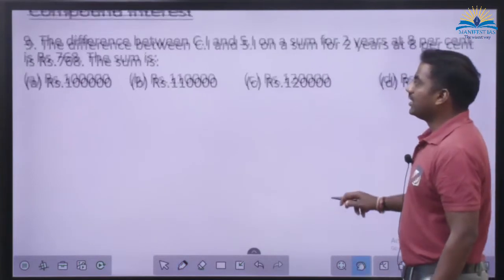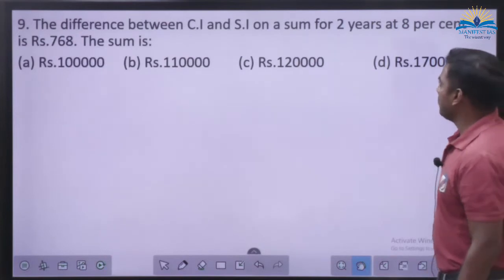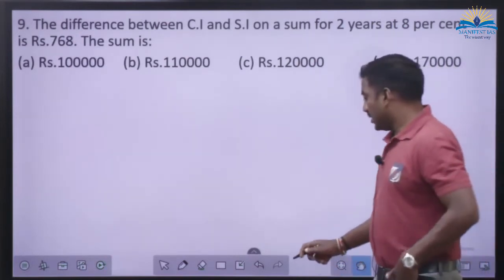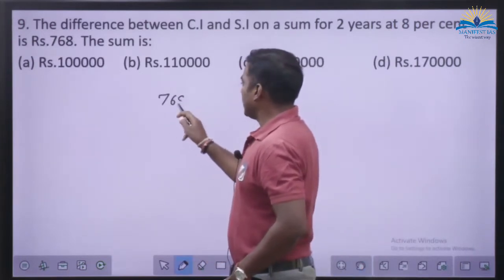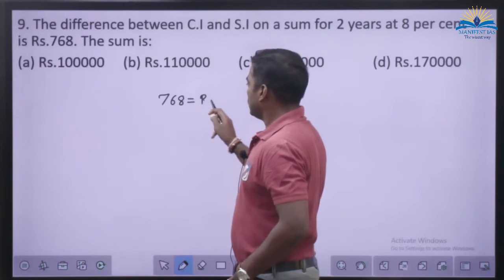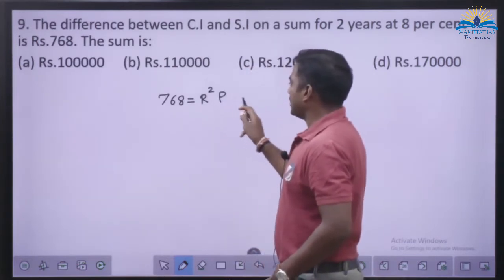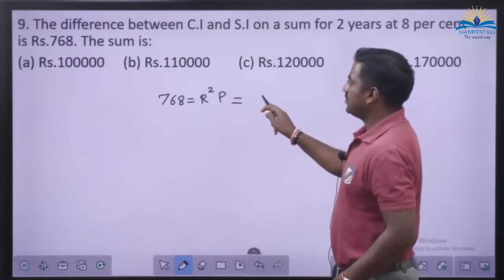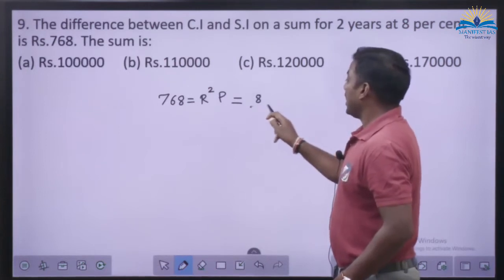This I think you can calculate easily. The difference between compound interest and simple interest for 2 years at 8% is 768. So this difference, this 768, is nothing but R squared P, no? R squared P. Interest on interest into principal. So here the interest rate is 8%.